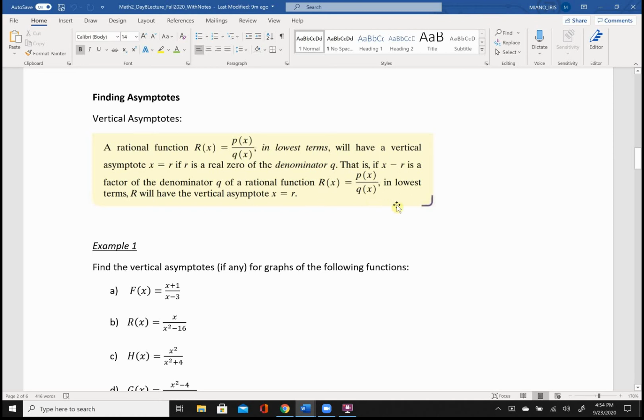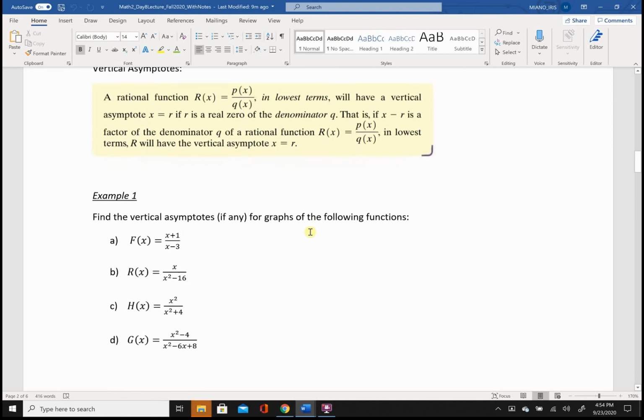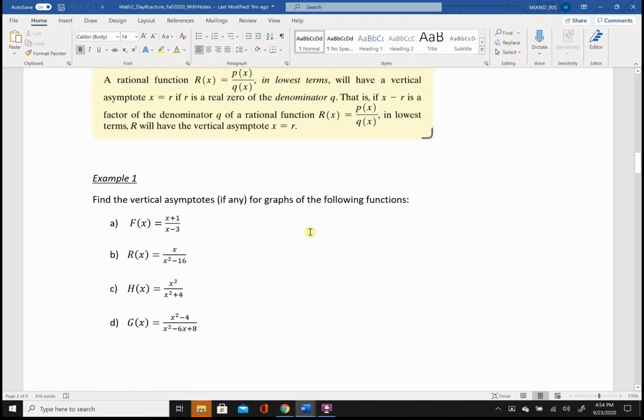And I know what you're thinking, oh, well, that's the domain restriction. Yes, that's true. The domain restriction is also the vertical line that is the asymptote, okay? And you could have more than one, certainly. Or you could have none. Definitely you could have none.